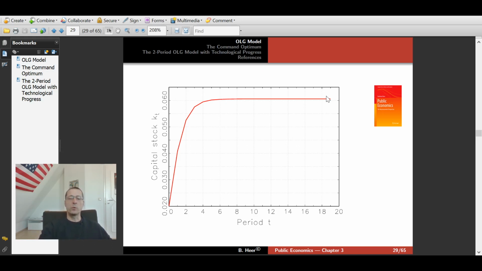And two questions naturally arise. Is there a unique steady state? So is there perhaps another steady state up here? And is it stable? So if we have a shock so that the capital stock is higher or lower, for example, after the coronavirus, does the economy converge back to the old steady state?